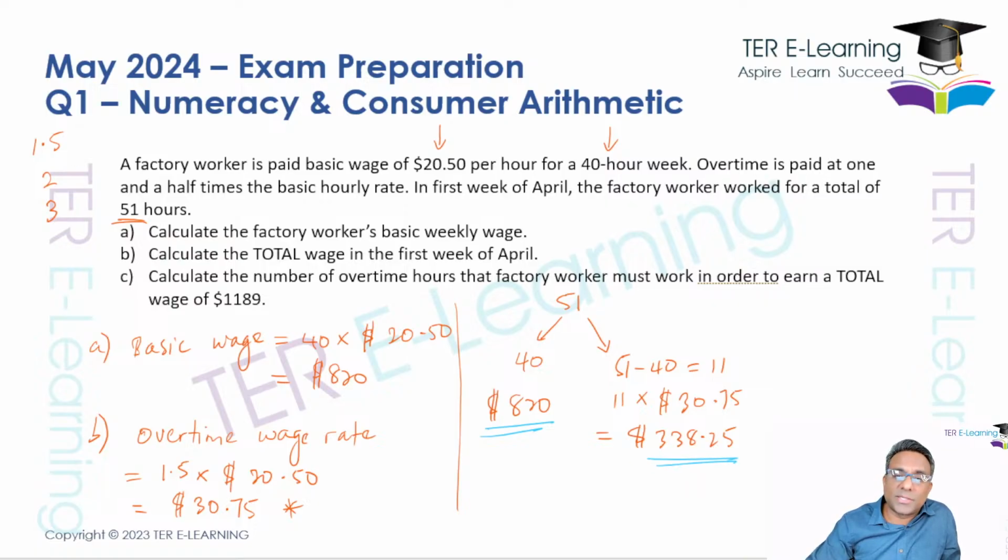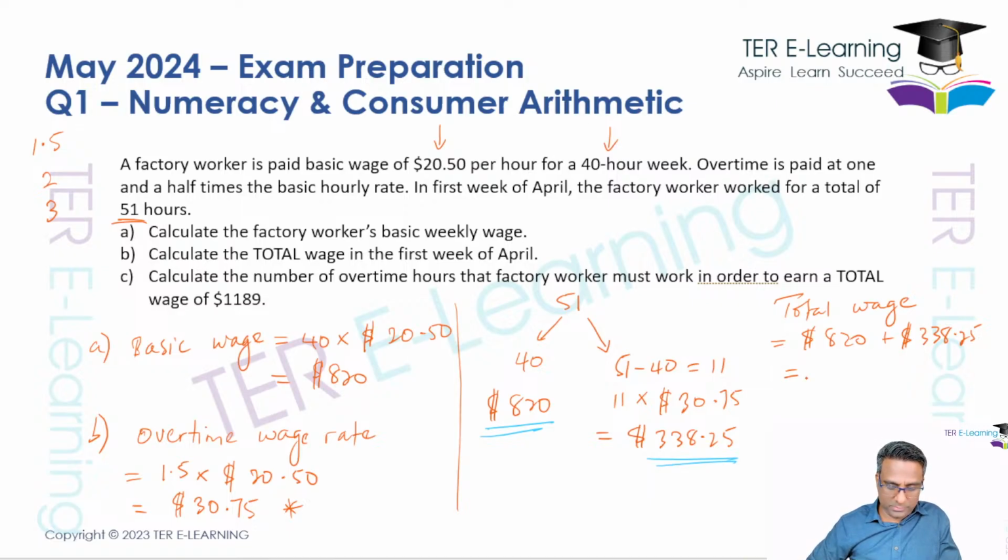His total wage is going to be that $820 plus the $338.25, so we're going to get a total wage of $1158.25. All right, I hope that's making some kind of sense.